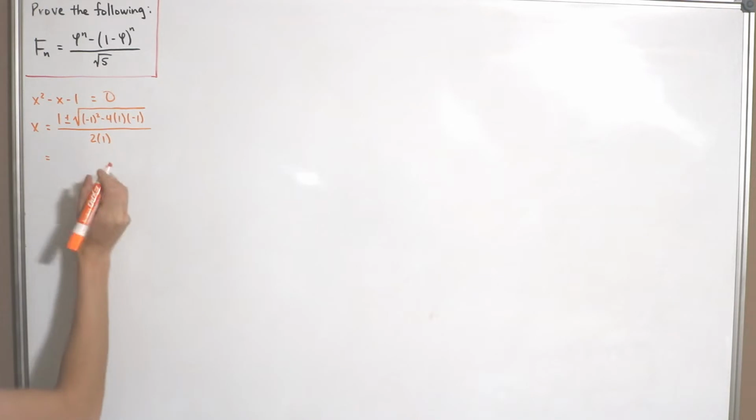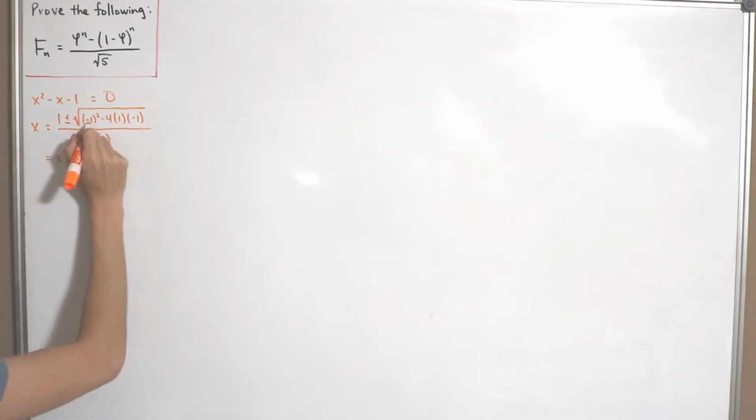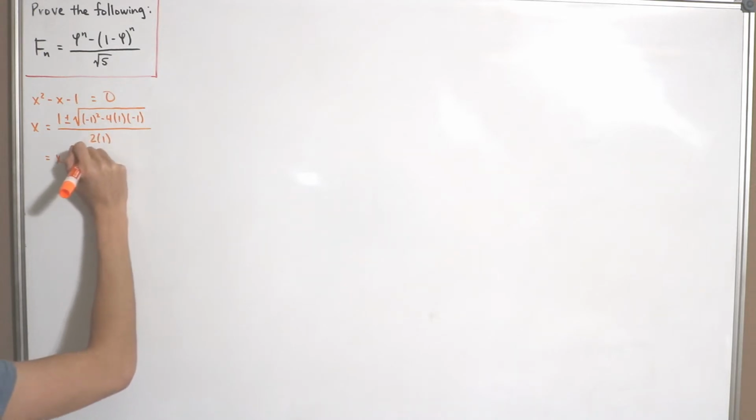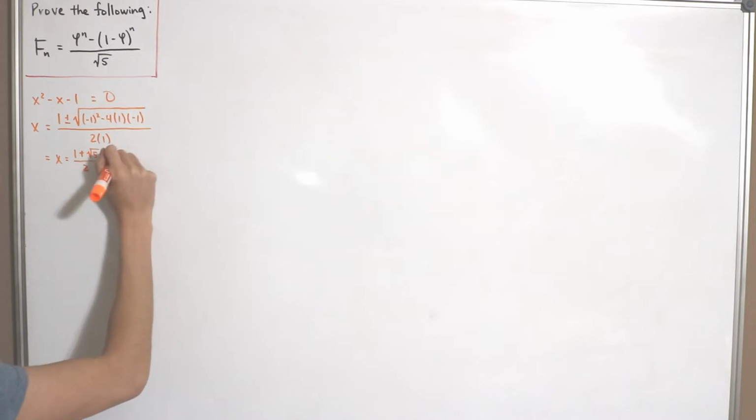Therefore we have our two solutions. x is equal to (1 plus the square root of 5) divided by 2, which is simply equal to phi.